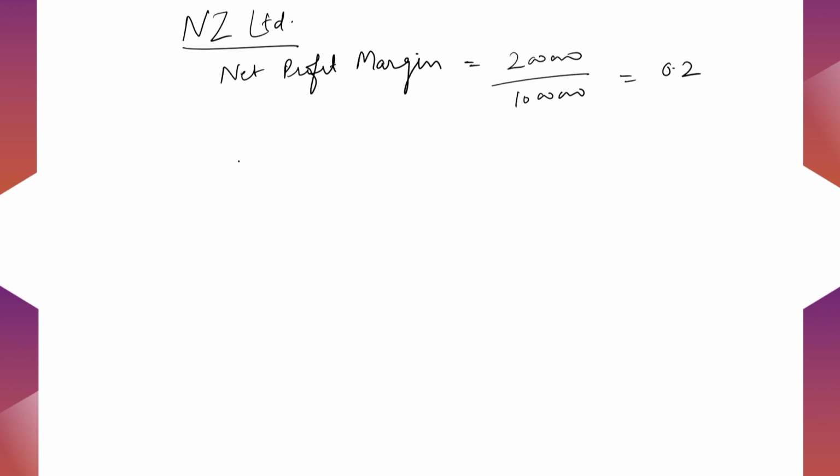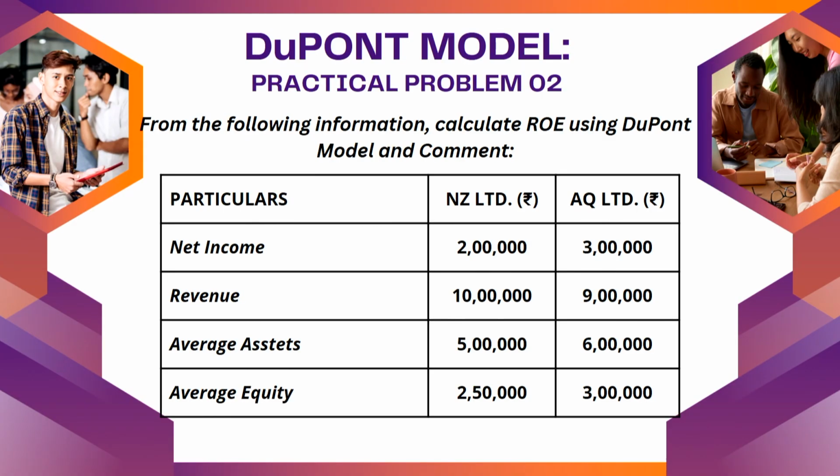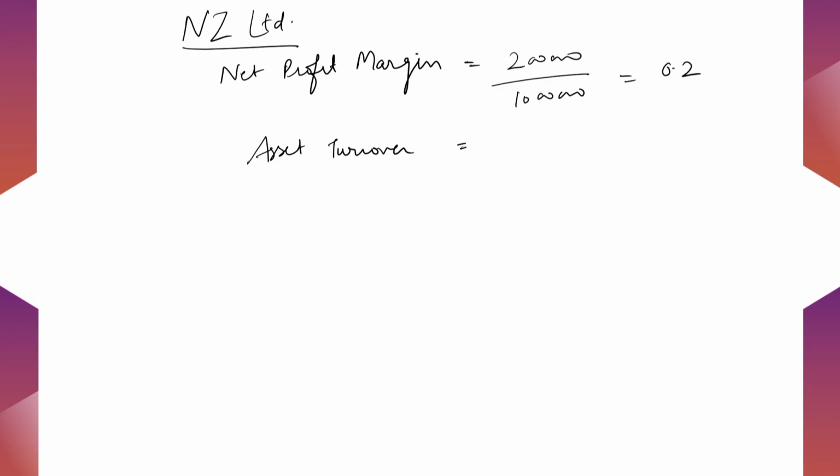The next step is asset turnover, in which we take the revenue given in the question, 10 lakh rupees, in comparison to the average assets, which are 5 lakh. So we get the figure of 2.